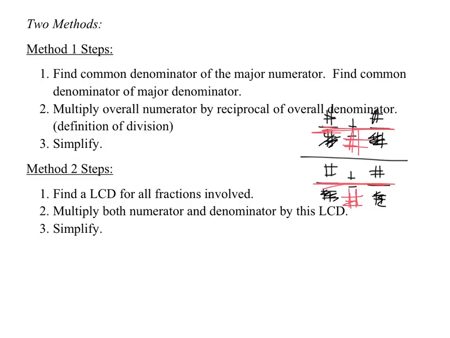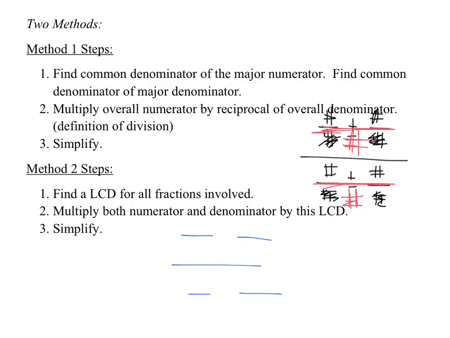Now, if you have a fraction over a fraction at this point, when you divide a fraction by a fraction, you multiply by the reciprocal. That's what step 2 is saying. If you can get this into one fraction in the bottom and make this top into one fraction, you can multiply the top by the reciprocal of the bottom. Remembering that dividing by a fraction is multiplication by the reciprocal. And then simplify.